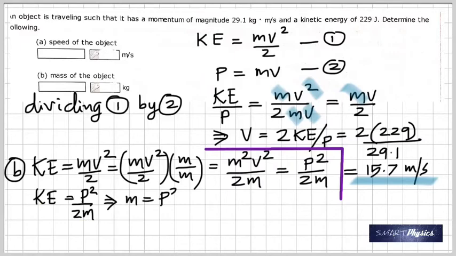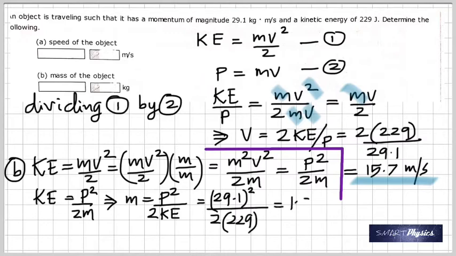So you have p squared divided by 2 times the kinetic energy. The momentum is 29.1, so squared, divided by 2 times KE, which is 229. And when you calculate, you get 1.85 kilograms. So that's how you find out the velocity and the mass.